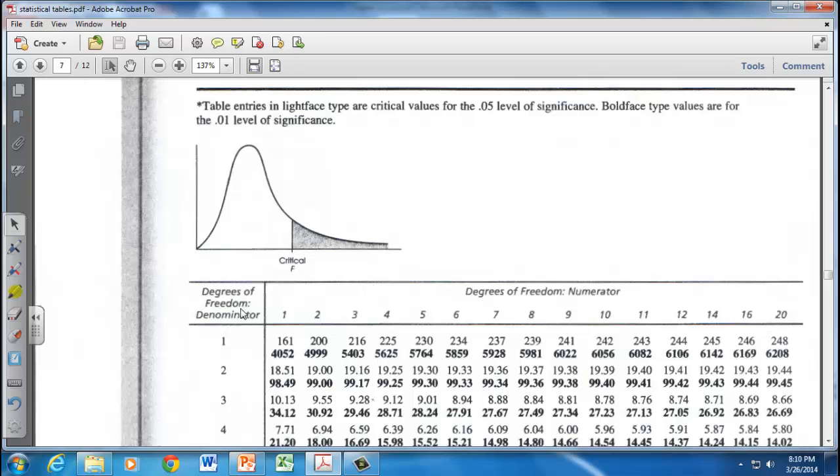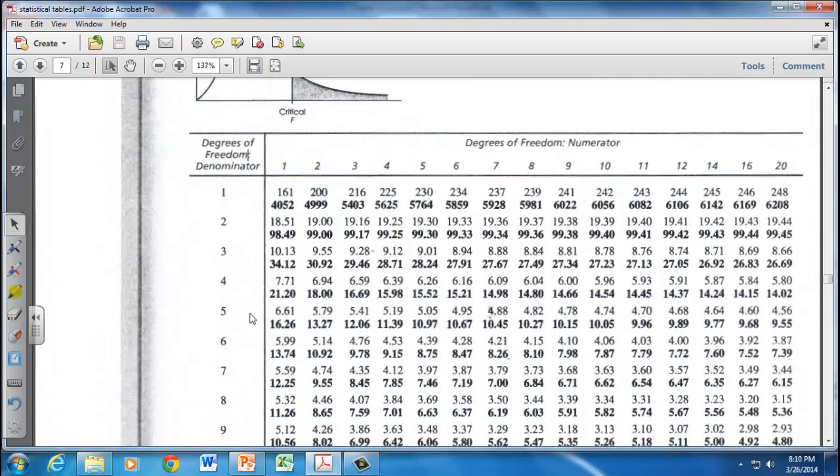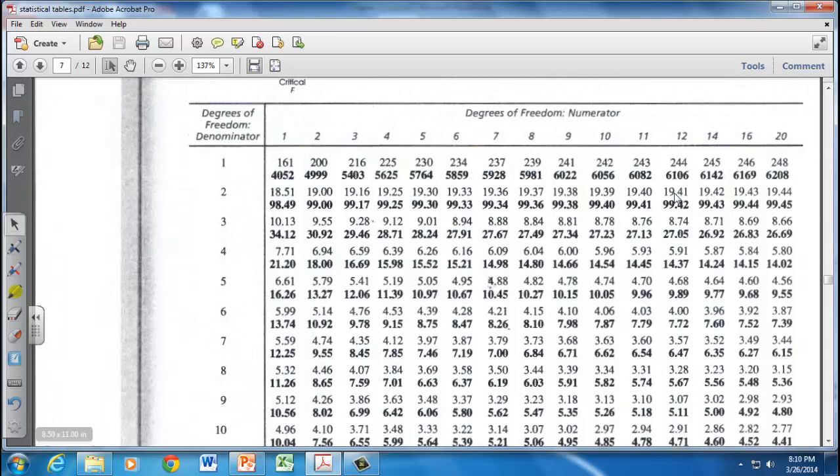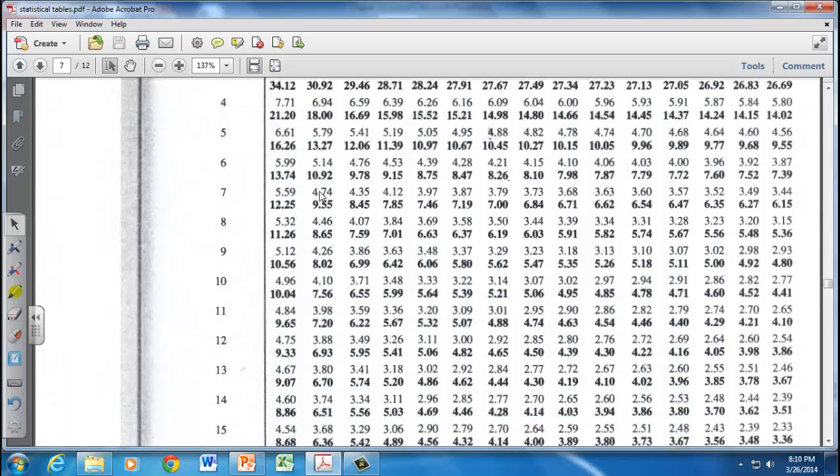degrees of freedom within. So remember, before, we found that our degrees of freedom between was 2 and our degrees of freedom within was 12. So degrees of freedom within, degrees of freedom denominator, 12. Degrees of freedom between, or degrees of freedom numerator, was 2. So 12, 2.